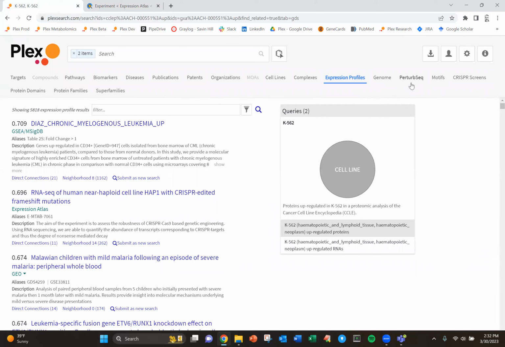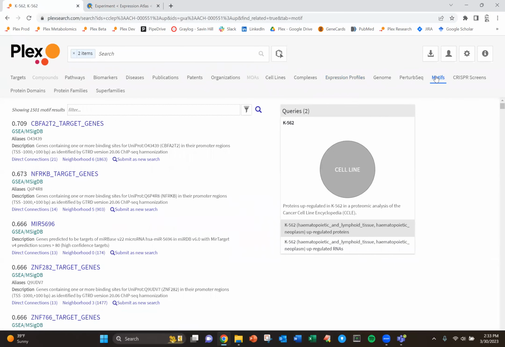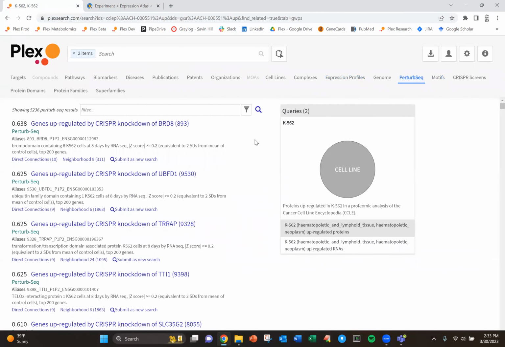As we come across, I'll start more simply on the motifs. So are there particular transcription factors that might be modulating these genes? That's found here. If we look at perturb-seq, and this actually aligns with what we just saw with the expression profiles, at least to some extent, these are genes that when you knock them down, lead to very similar gene regulation.